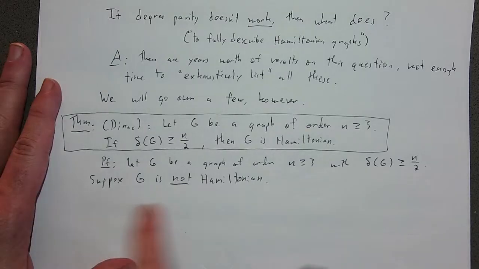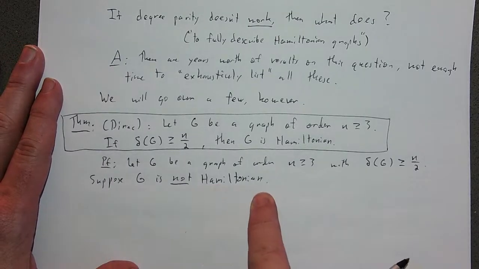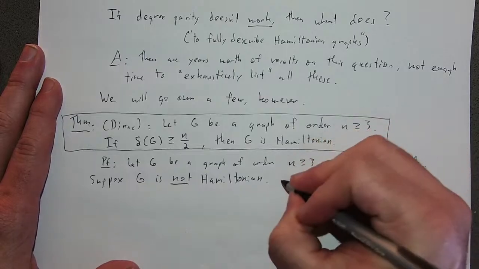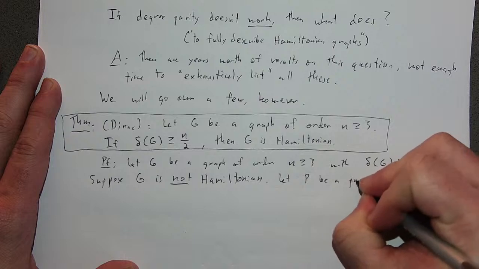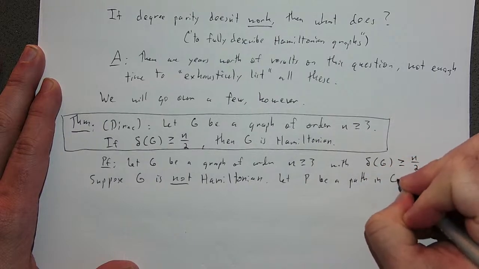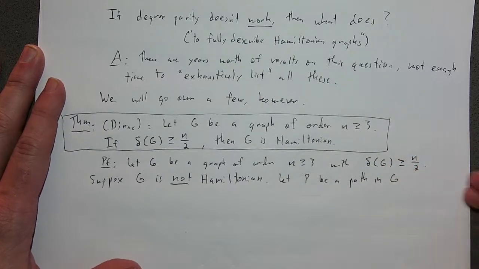So let's see where this goes. Let's suppose G is not Hamiltonian, and let P be a path in G with maximum length.